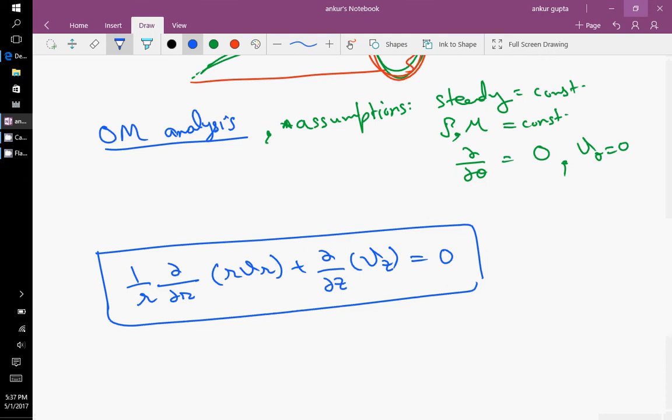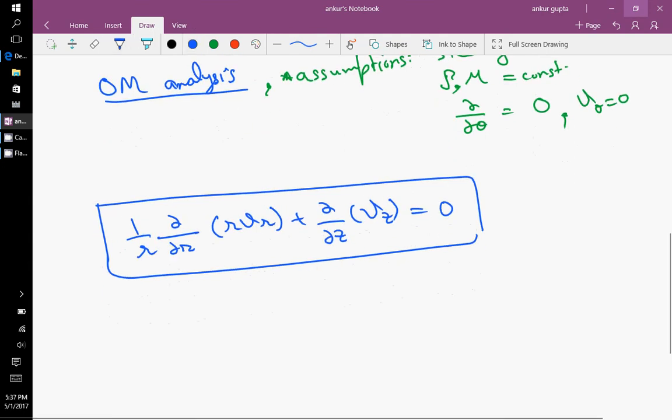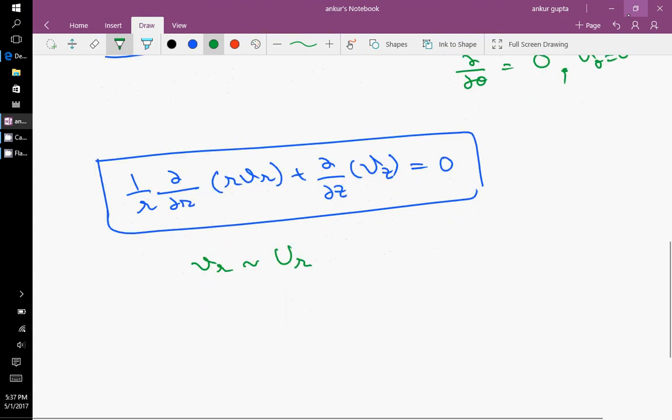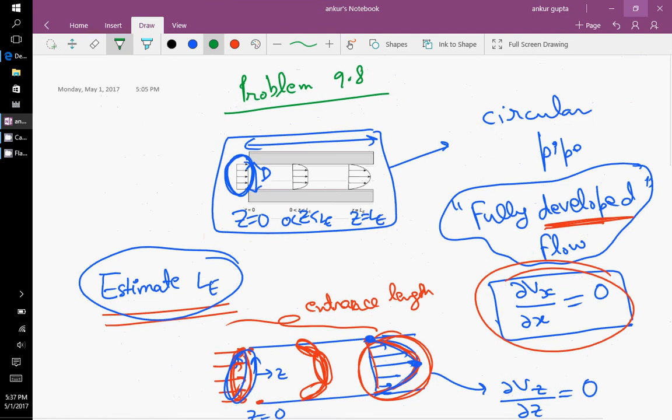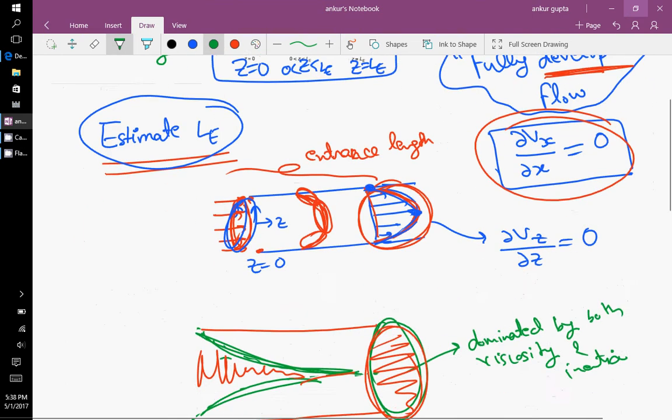And if you want to do order of magnitude analysis, we will basically have to predict the scaling values of each term. So let us scale Vr as Ur, and Vz can be scaled by the average velocity U average, right? Because let us call this velocity that we are inputting as U average.